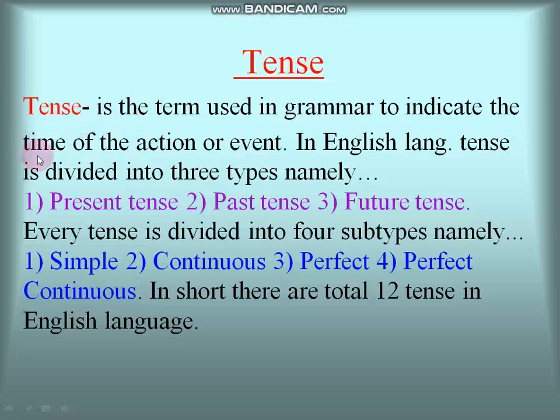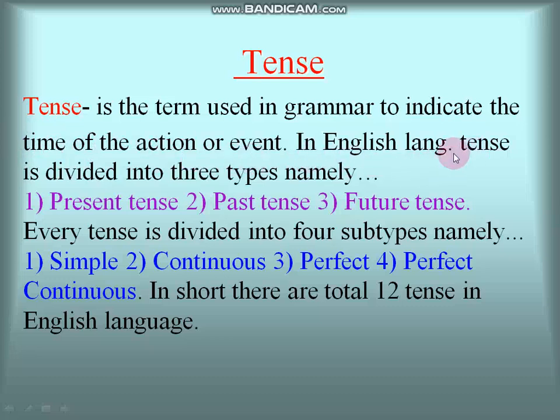Now what is the meaning of tense here? Tense is the term used in grammar to indicate the time of the action or event. Now see, time of the action, it is very important. What time is it? Time of the action or event.